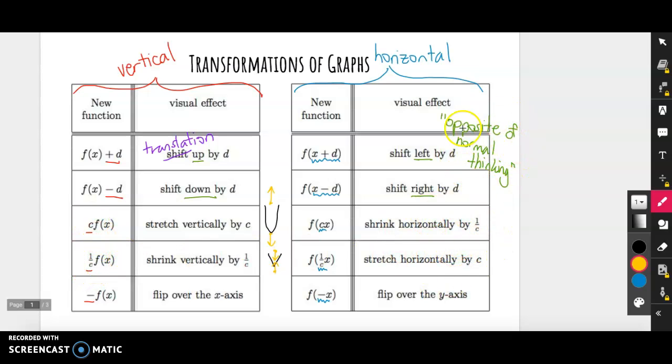Horizontally, again, we're going back to this opposite of normal thinking thing, because horizontally what happens is if I have a whole number inside of my equation that's multiplying, what that actually does is that shrinks horizontally by this factor. So if there's a 4 inside of my equation, then it would actually be a horizontal shrink by 1/4.